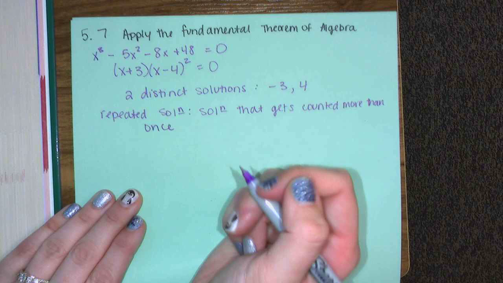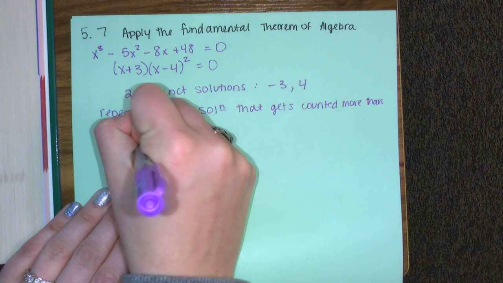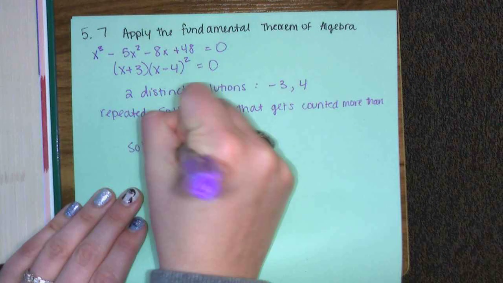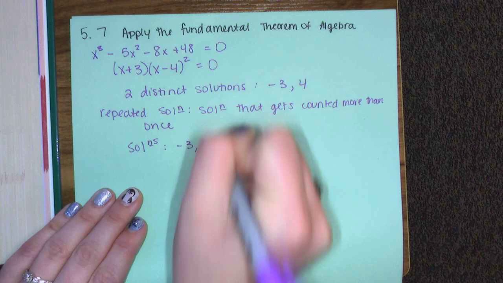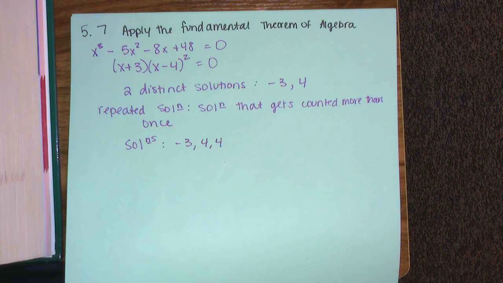So in this case, all the solutions would be -3, 4, and 4. Okay, 4 was a repeated solution in this case because that term was squared.